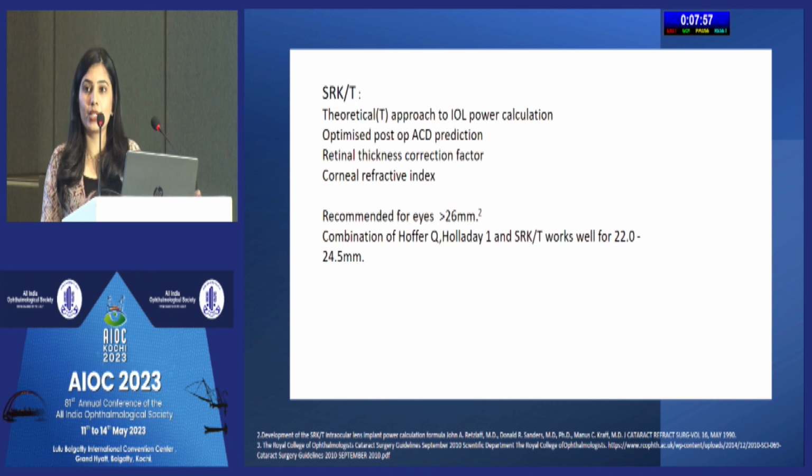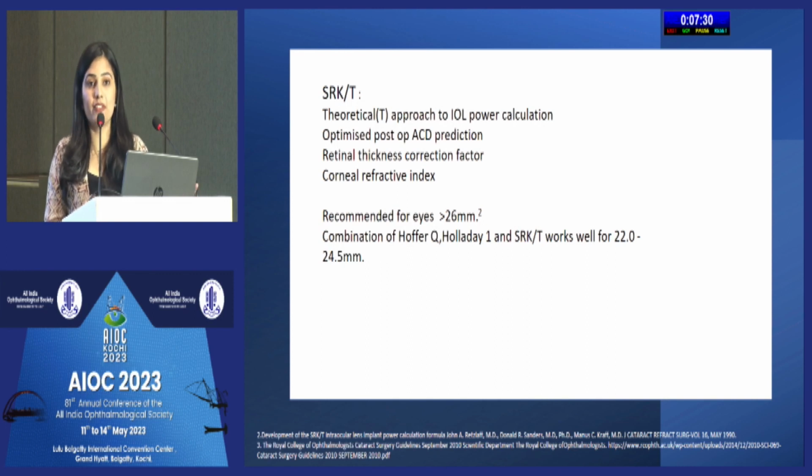So briefly talking about the IOL calculation formulas, the SRK-T was the holy grail till the newer generation formulas came into the picture. It was a theoretical approach to IOL calculation formulas, and it used optimized post-operative anterior chamber depth. It also included retinal thickness correction factors and corneal refractive index, a combination of Hoffer Q, Holladay 1, and SRK-T.